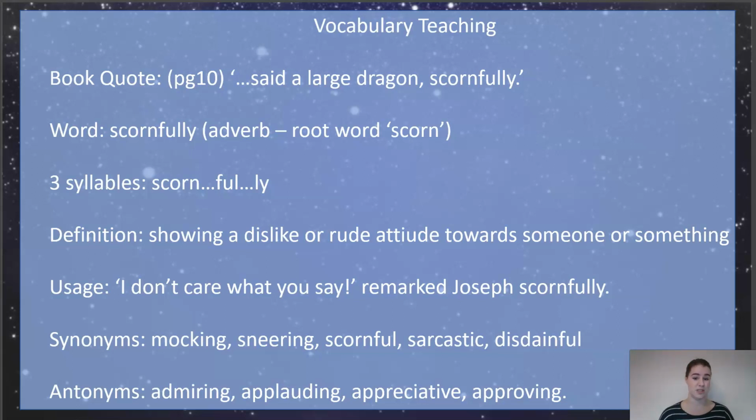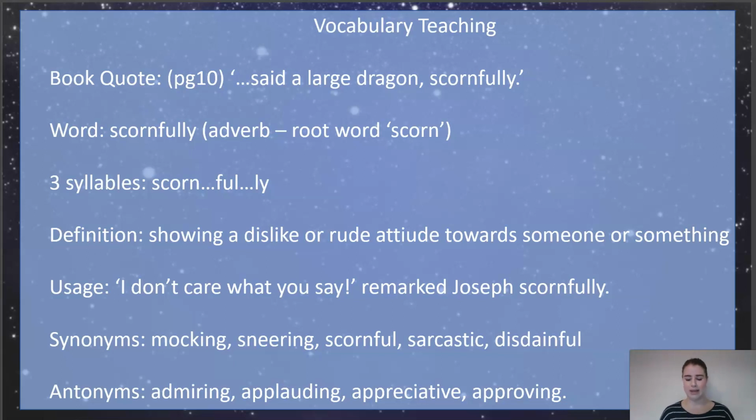So you like someone, you're respectful towards them, and you have a positive attitude. So you could say that they are admiring, they are applauding, so they're almost praising that person. They are appreciative, so when you appreciate someone, you respect them for their effort and their time, and even approving. So if you like something, you approve of it. If you're doing the opposite, which is scornful, you would dislike it, so you would disapprove. So those are our antonyms and our synonyms for the word scornfully, okay?